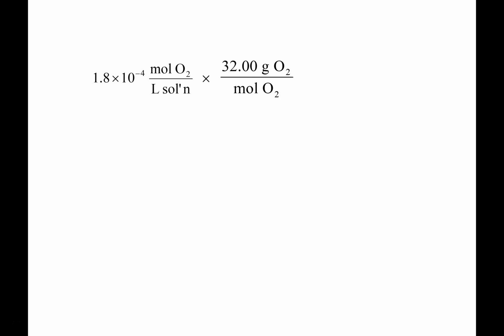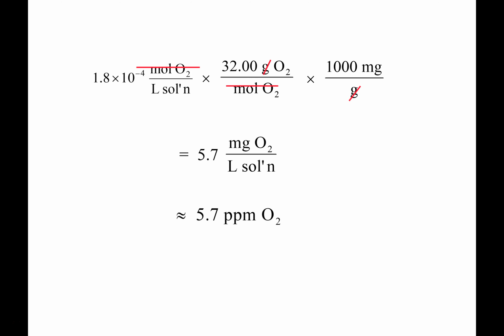So how do we get to milligrams from grams? 1,000 milligrams over 1 gram. So round to 2 sig figs, you're looking at 5.7 milligrams of O2 per liter of solution, which is approximately 5.7 parts per million.